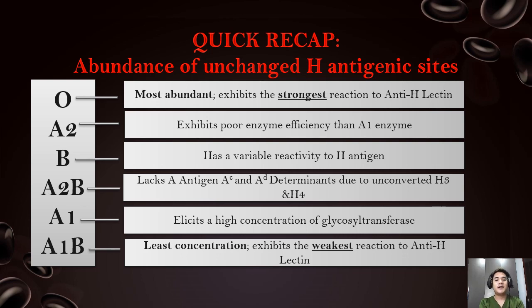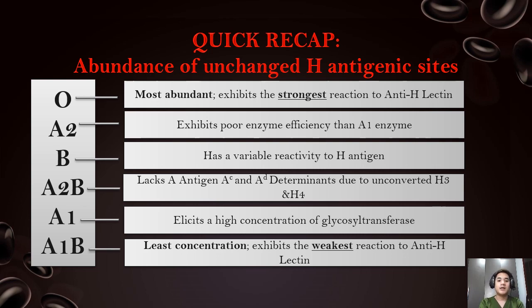Okay, followed by your blood group B, which is known to have variability in its conversion of the H antigens. However, it is placed third among the blood groups for anti-H reactivity. So now, this was actually recently discussed: your A2B exhibits complete absence of the AC and AD determinants due to the unconverted H3 and H4 antigens.